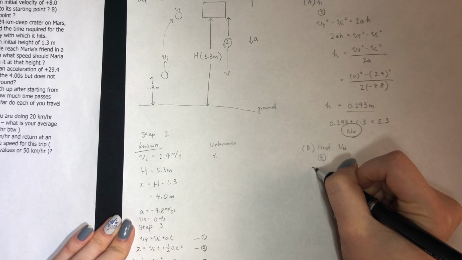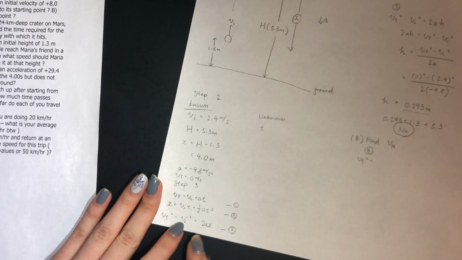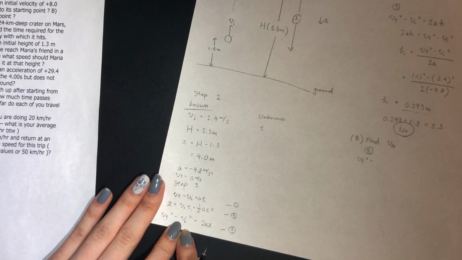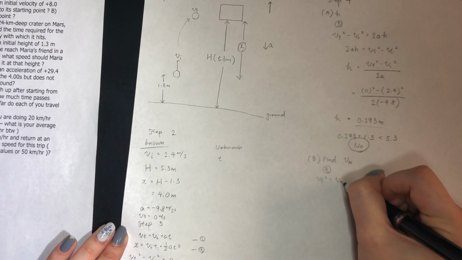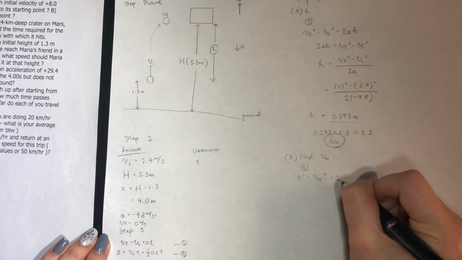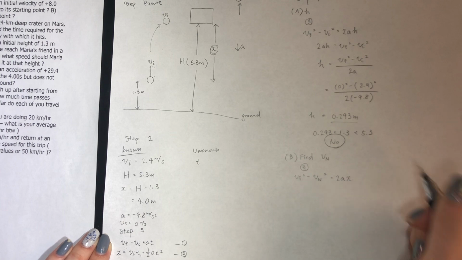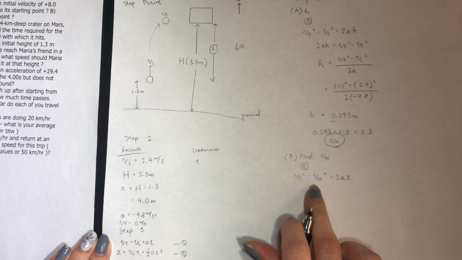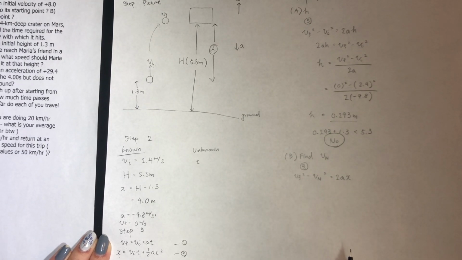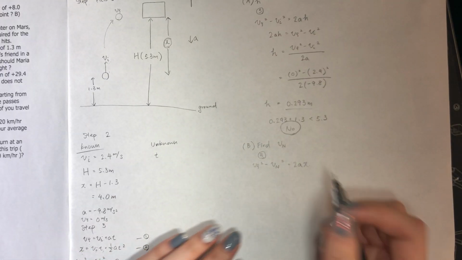So V final squared minus, it's initial right here, but in our problem this is Vn squared, right? I hope that makes sense. Equals 2ax. We're looking for Vn. How do I want to do this? Let's move V final over to the other side.